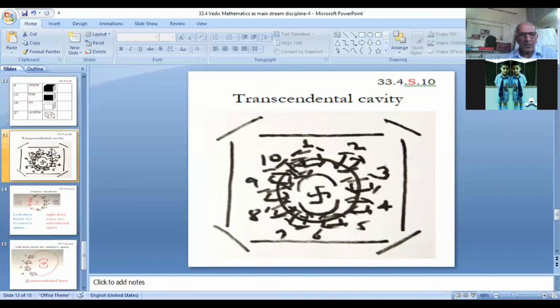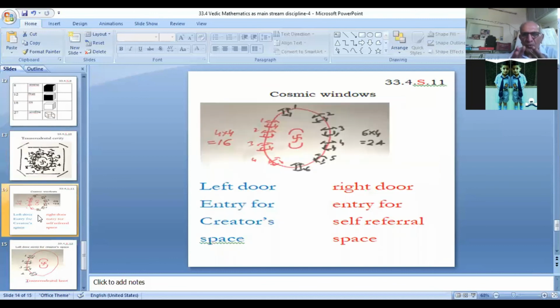For it, we have to have a revisit to the cosmic windows.